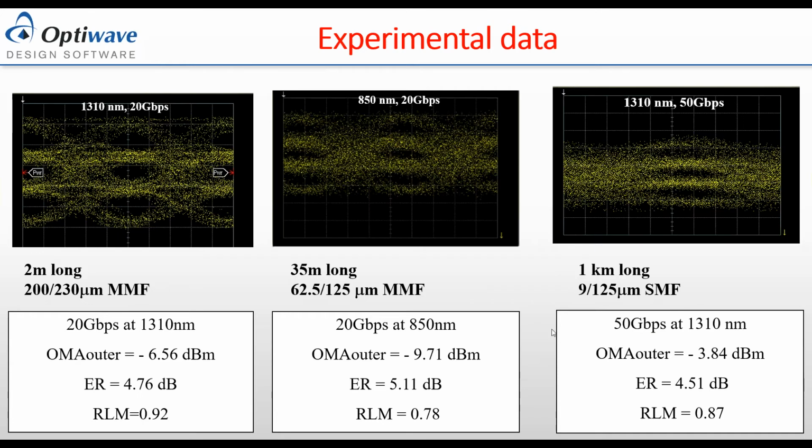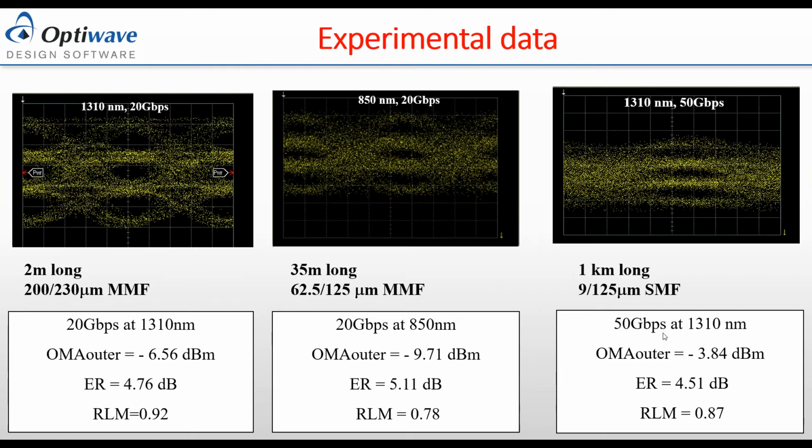The experimental data we have is only up to 25 gigabit per second per lane, leading to 50 gigabits per second total per lane. Why? Because our QSFPs and our drivers were limited in the lab currently to 25 gigabits.